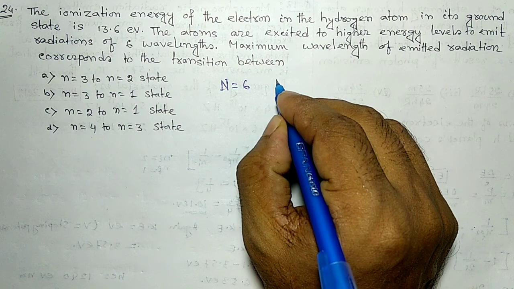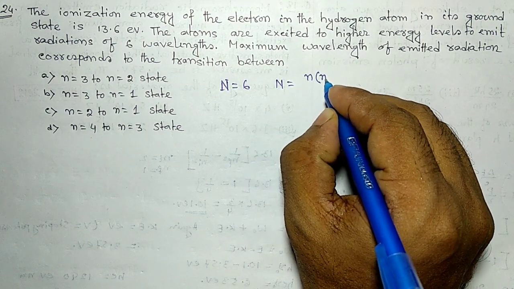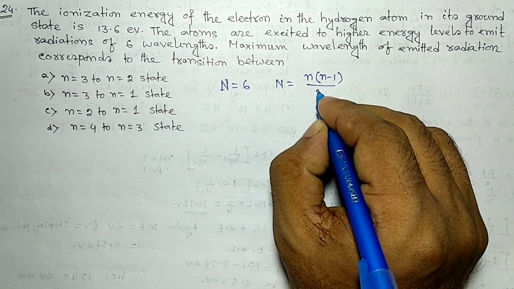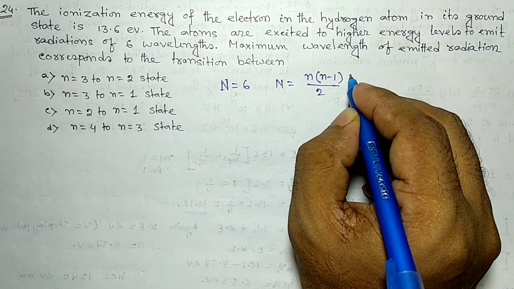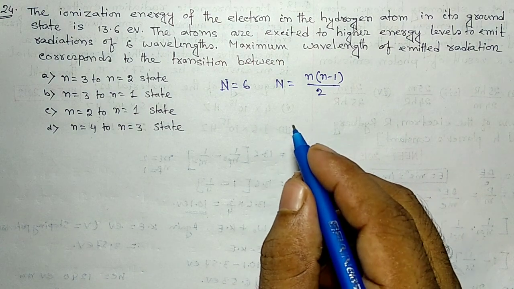We know N is equal to n into n minus 1 divided by 2, where small n is the highest possible level.